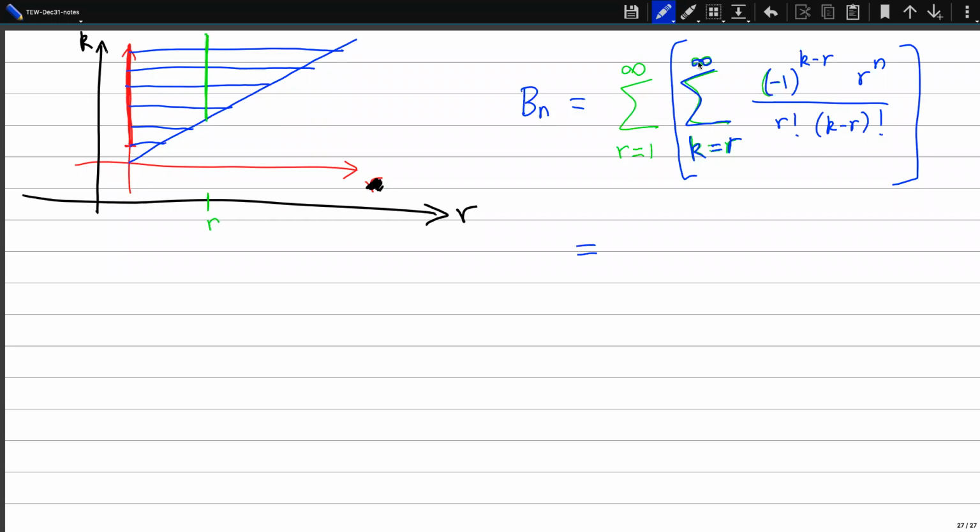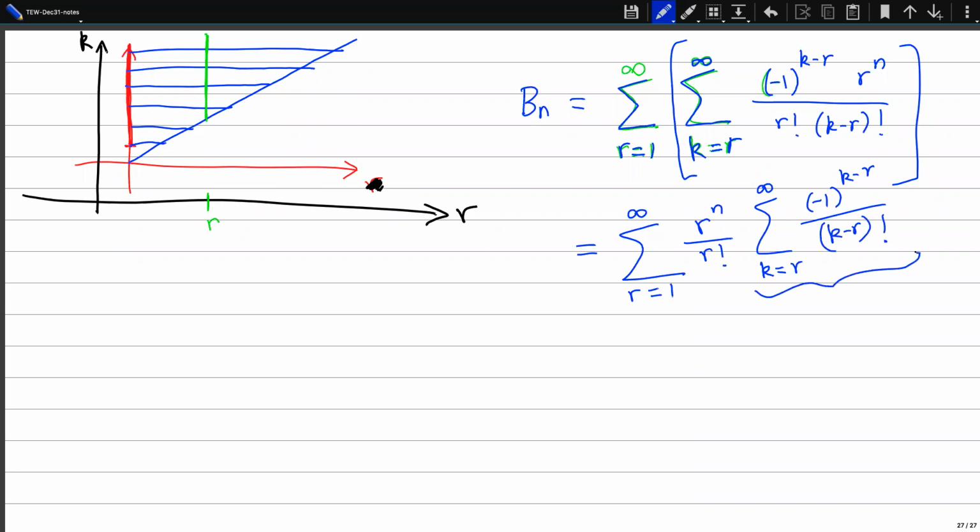Can you pull something out of the inner sum? r power n by r factorial. Absolutely. r is really a constant as far as the inner sum is concerned, so the outer sum is r equals 1 to infinity. r power n by r factorial is not changing when k changes, as k goes from r to infinity. So now the inner sum looks like (minus 1) power k minus r by k minus r factorial.